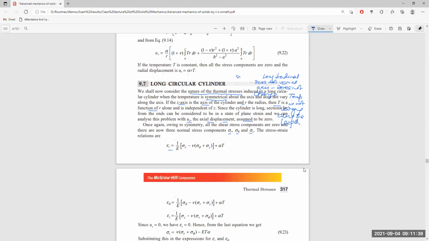Epsilon is the elongation or change in dimension. Epsilon theta is a change in dimension, which works in the same way.